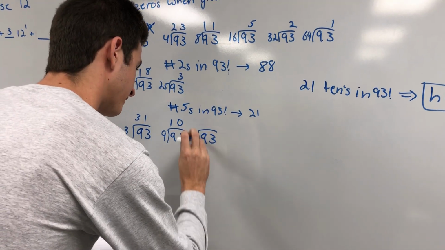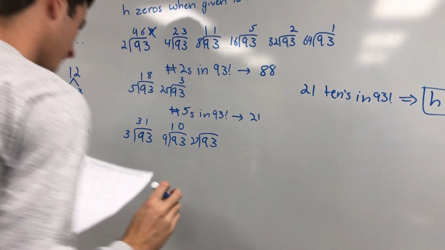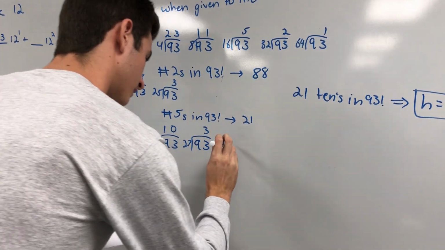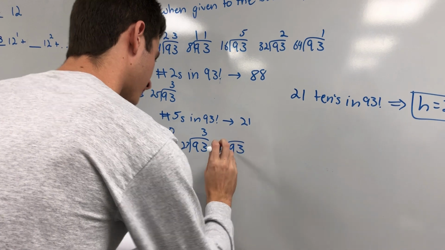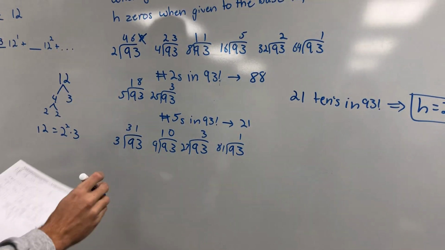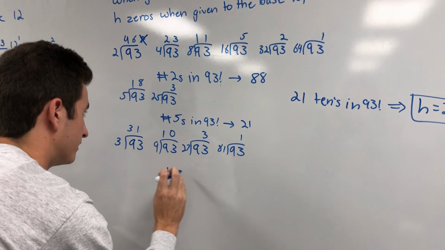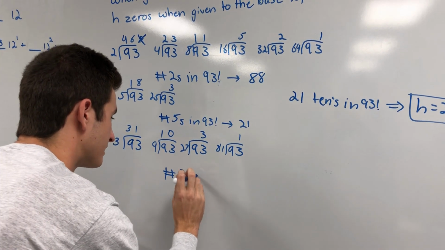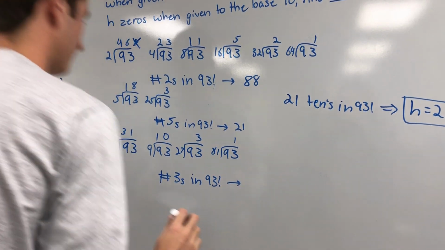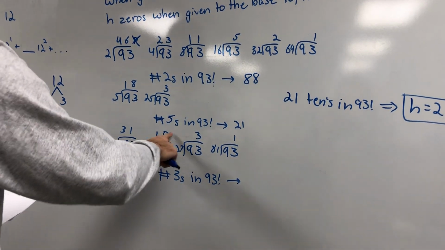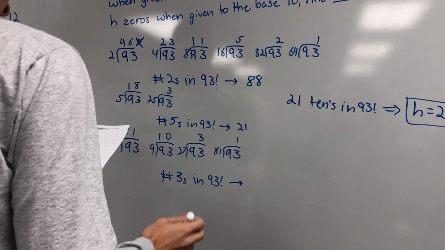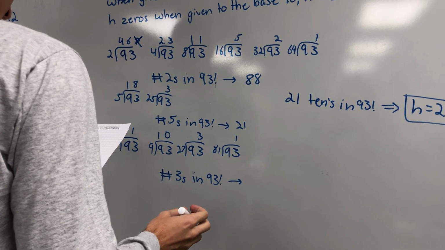And then 93 divided by 27 is 3. 93 divided by 81 is 1. So the number of 3s in 93 factorial is 31 plus 10 plus 3 plus 1, which is 45.